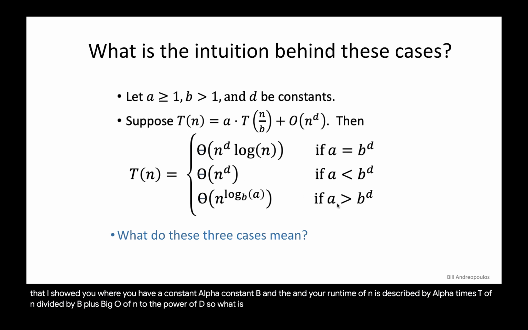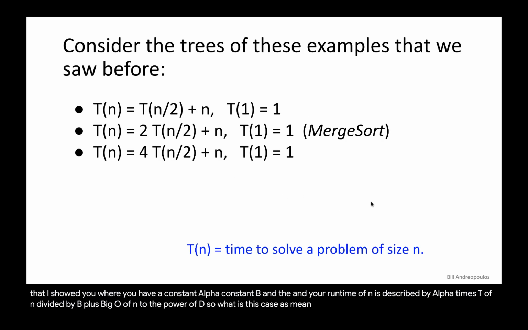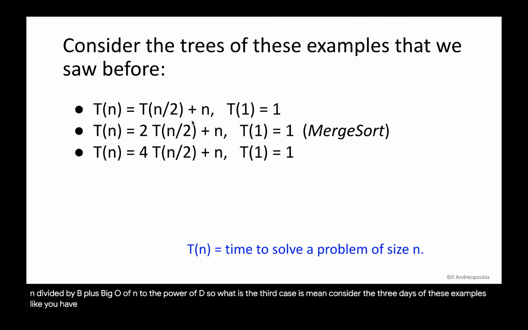So what do these three cases mean? Consider the trees of these examples. Like you have one recursive function which is T of n over 2 plus n, then your merge sort recursive function, and then some other recurrence relation which is 4 times T of n over 2.